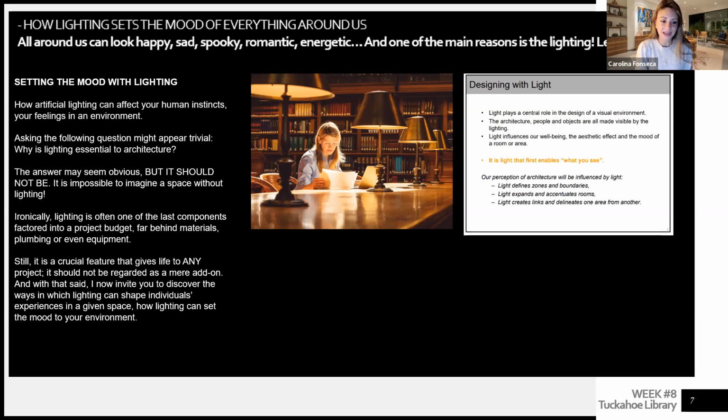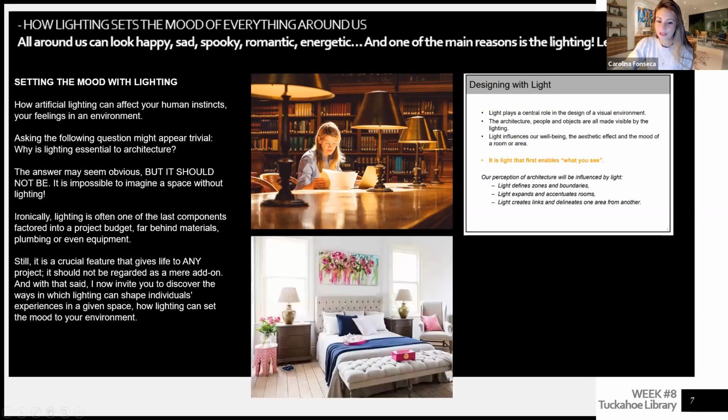And with that said, I now invite you to discover the ways in which lighting can shape individuals' experience in a given space, how lighting can set the mood to your environment. And that invitation comes connected with this box right here and this picture right here, because light plays a central role in the design of a visual environment.